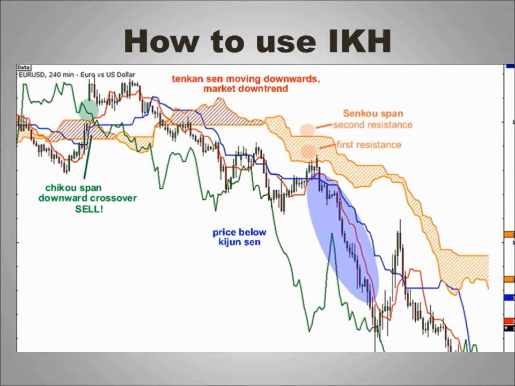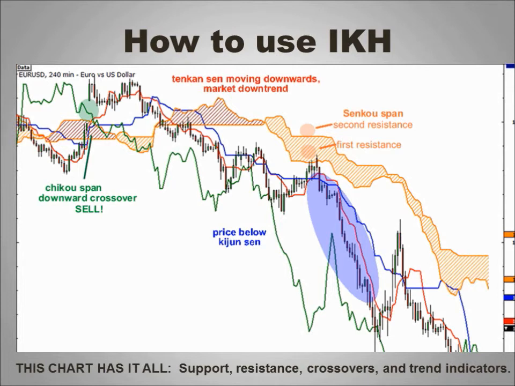So, how do we use all of this? Well, what we're looking for is balance and equality, in which I explained the word Kinko means equality and balance. So what we're looking for is the support, the resistance, the crossovers, and the indicators.